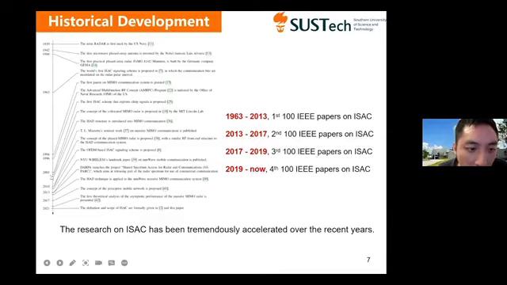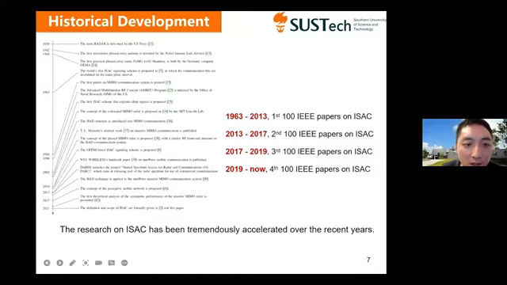And in 2004, the concept of collocated MIMO radar was proposed by the MIT Lincoln Laboratory. This is actually motivated by MIMO communication. And in 2005, the so-called hybrid analog-digital structure was introduced into MIMO communication.